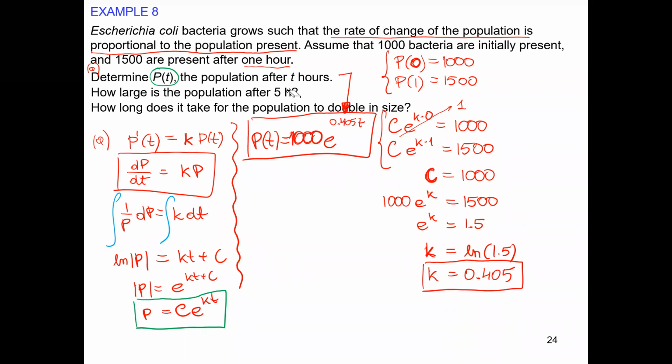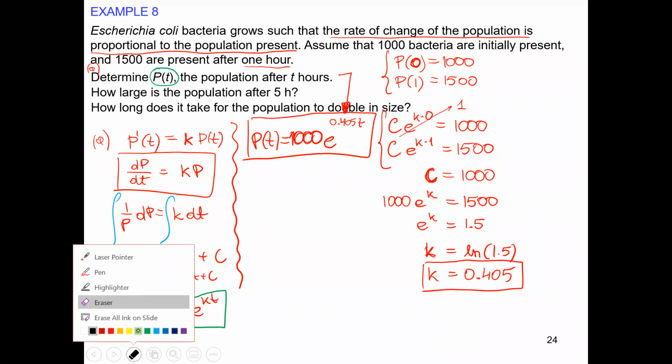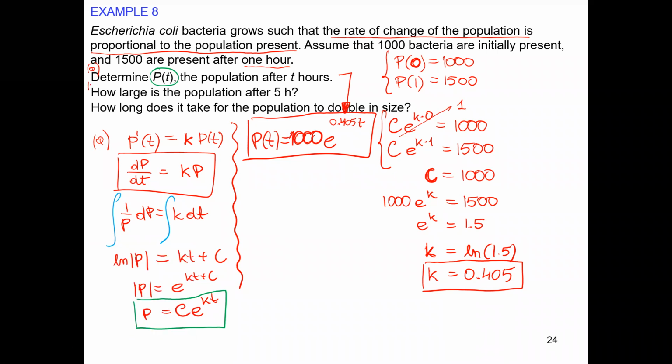How large is the population after 5 hours? Okay, basically after 5 hours, this will be part B. Part B, we just have to substitute 5 instead of t. 1000 e to the power of 0.405 times 5. And I believe I use the calculator.